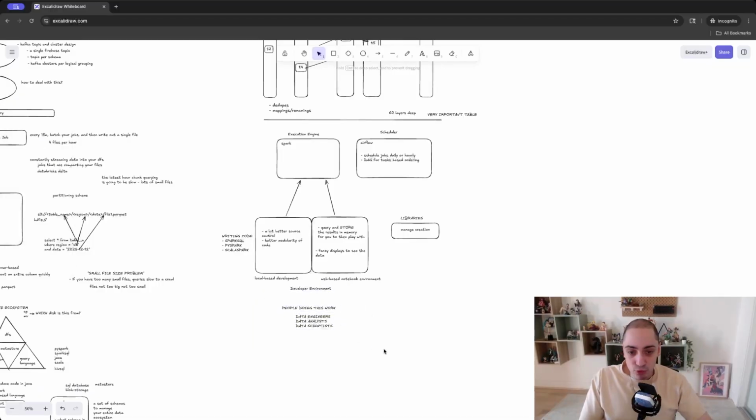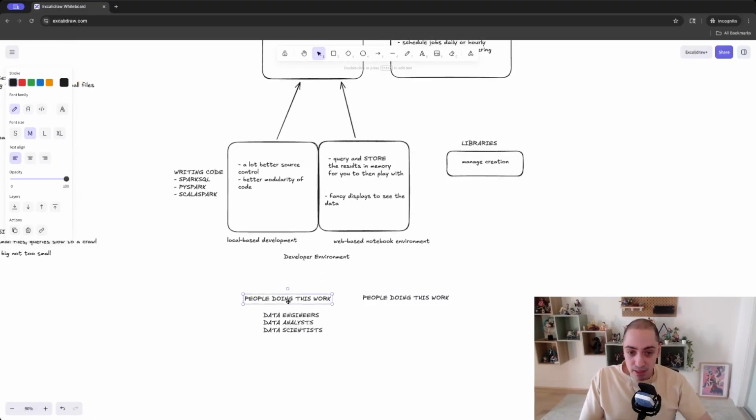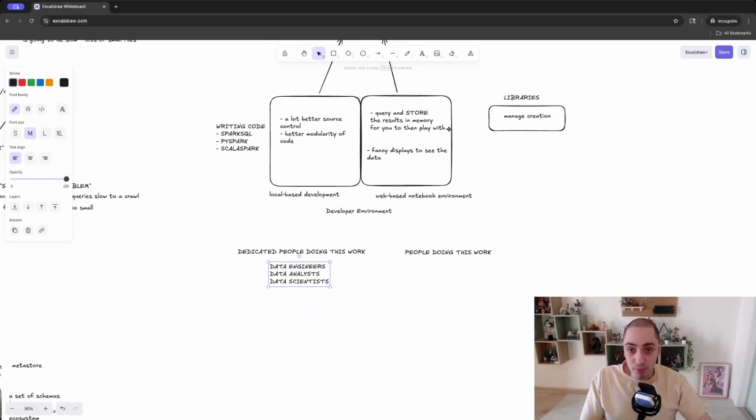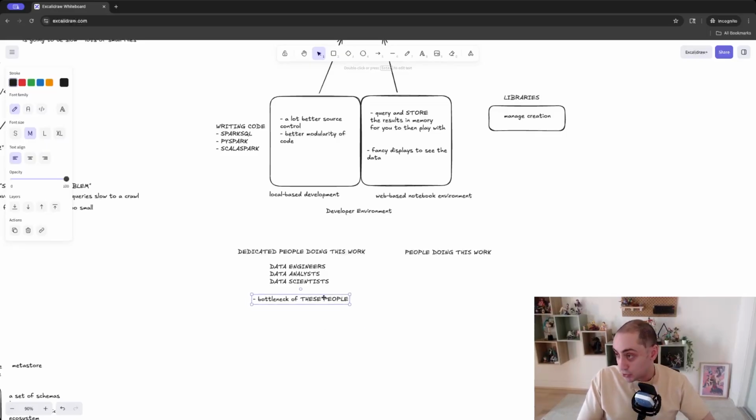I'm going to give you three options for how this works. First, you can have dedicated people doing this work. The problem with this approach is that you're going to have a bottleneck of these people, and this becomes an organization problem. How do you hire these people? Should you hire a lot of them?